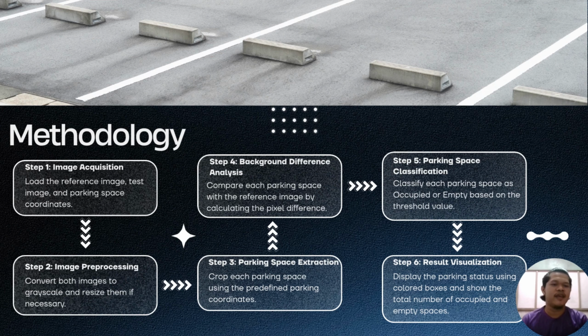Otherwise, it is empty. The final step is result visualization, which displays the final parking status using colored bounding boxes alongside the total count of occupied and empty spaces.